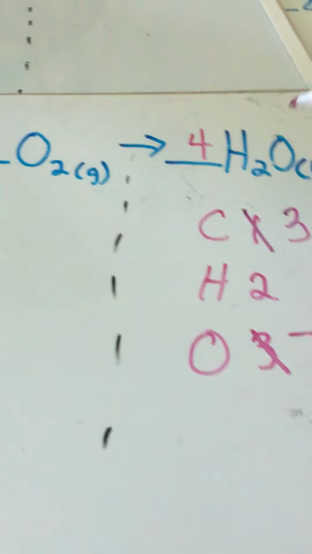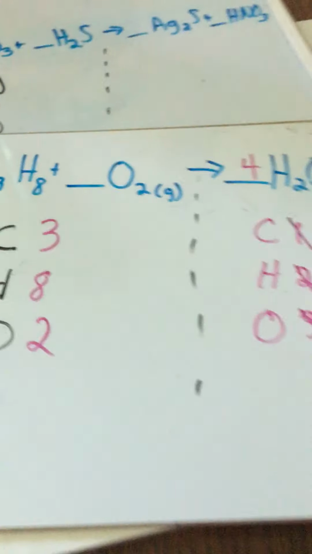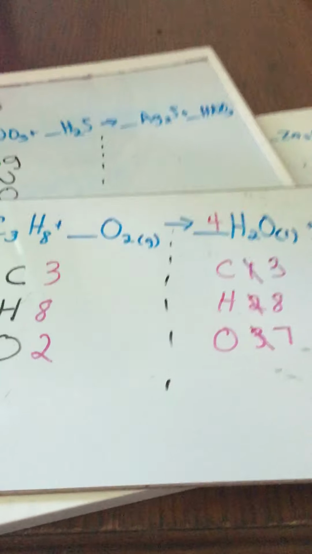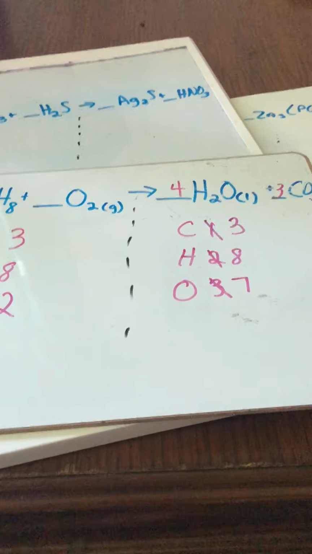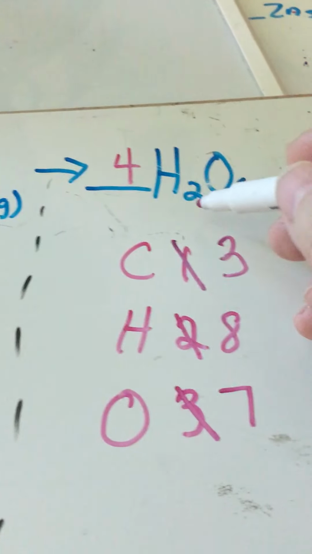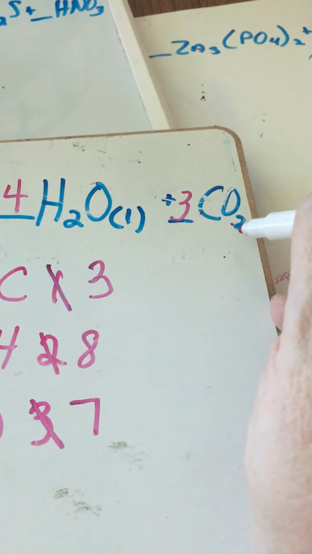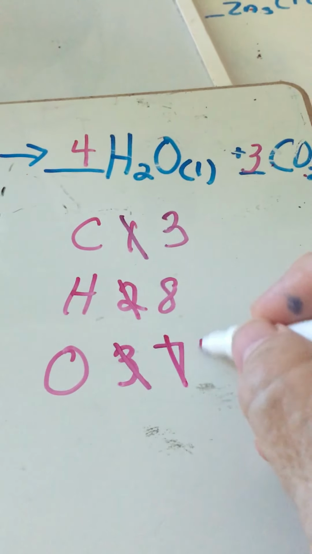So I'm going up here, put a 4 in. This makes this 8. So now I have 3, 8, and 7. Oops, no I don't. I forgot to recount the oxygen. So now I have 4 oxygen plus 6 oxygen, that makes 10 oxygen.